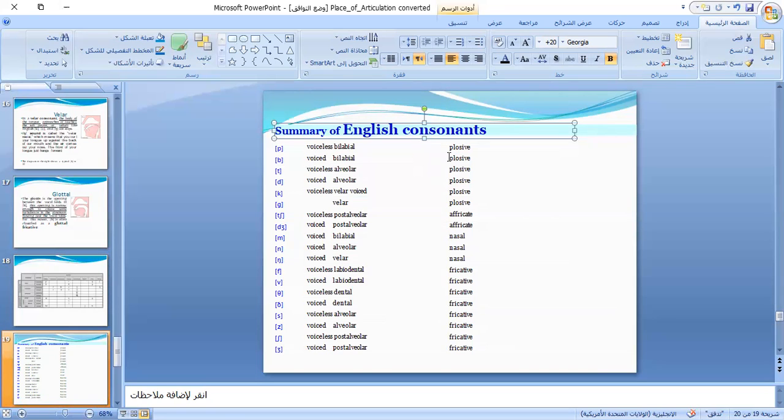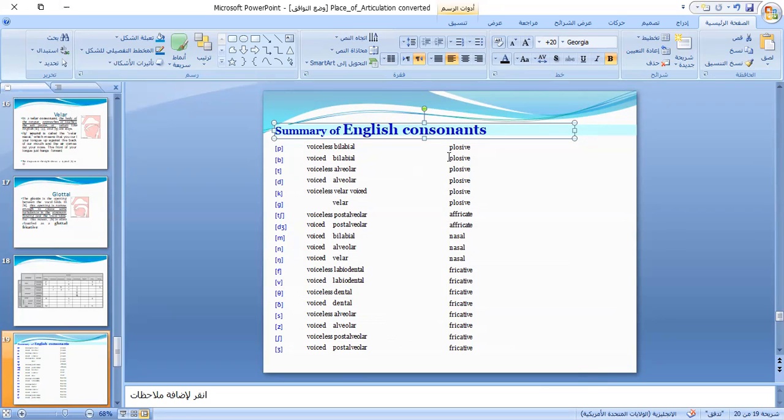This is what I want you at last to learn when I ask you to describe sounds. P, voiceless, bilabial, plosive. B, voiced bilabial. Most of the sounds have voiced and voiceless pairs: P and B, T and D, S and Z, sh and zh.